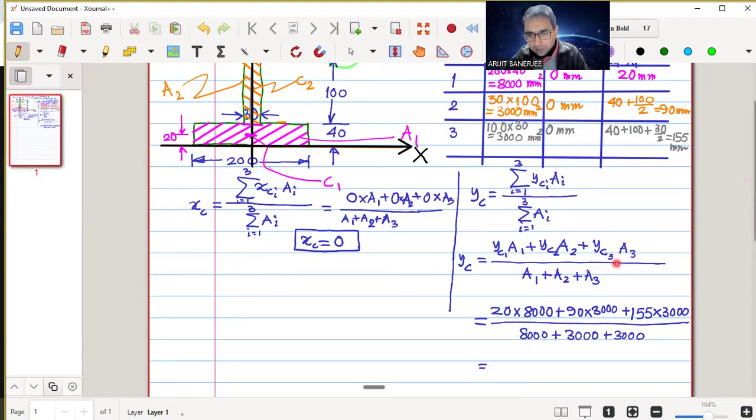Can anyone tell what it is? You see that this will be easily cancelled. So in the numerator you have 14 and in the denominator you have 20 into 8. The 1,000 you can easily cancel, and then 90 multiplied by 3 plus 155 multiplied by 3.